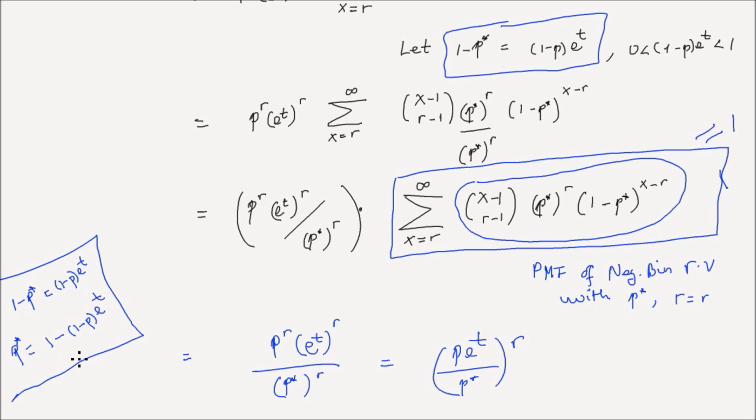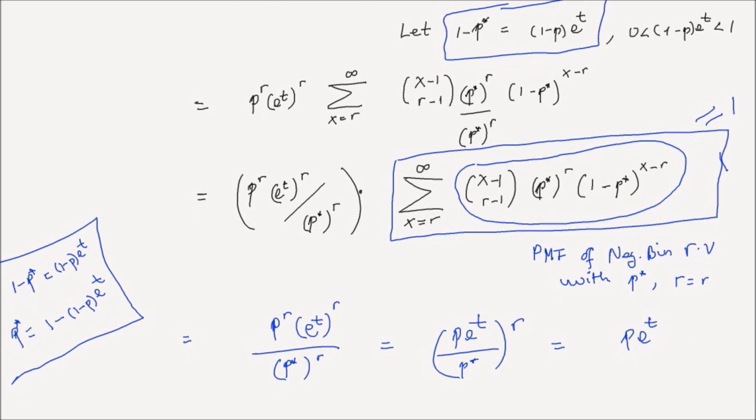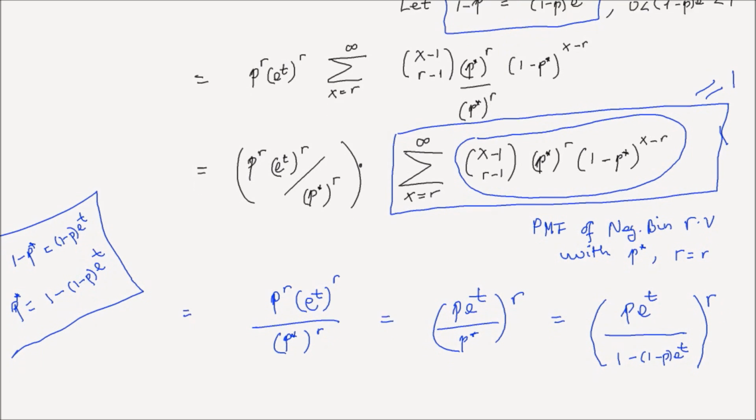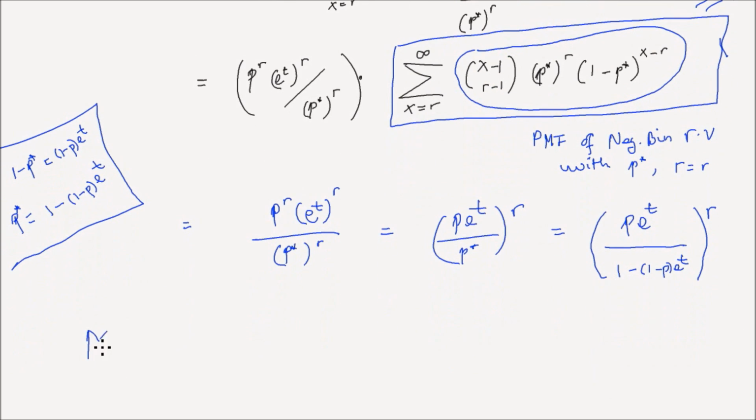Now, p star is thus equal to 1 minus p times e to the power of t. Plugging that back in here, I get the MGF of a negative binomial random variable, which is p times e to the t divided by 1 minus p times e to the t, the whole thing to the power of r.